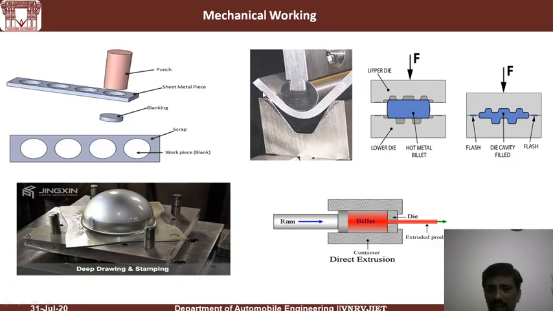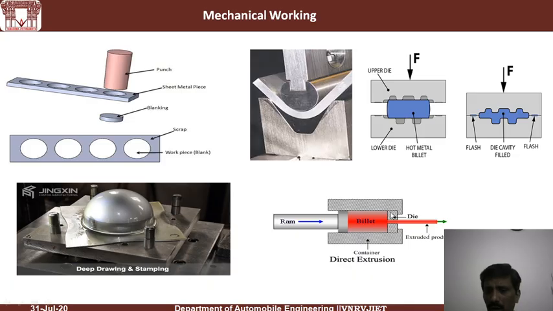You can see here, this is a plate undergoing bending. Before bending, it is a flat and straight plate. And here, this is a rectangular billet. Before the forging process, the shape is like this, but after forging you can see the change of shape. Similarly, this is an extrusion process.